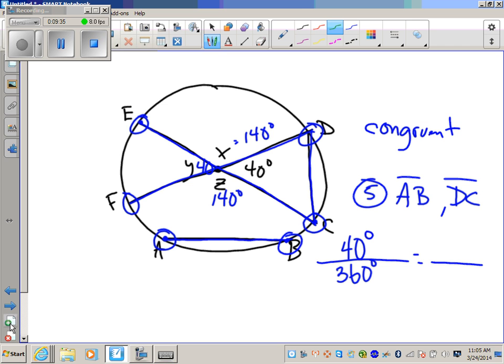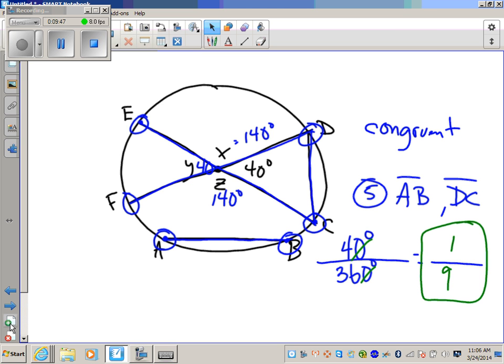Can we simplify? Do they have 10 in common? 4 over 36. 1/9. Okay.